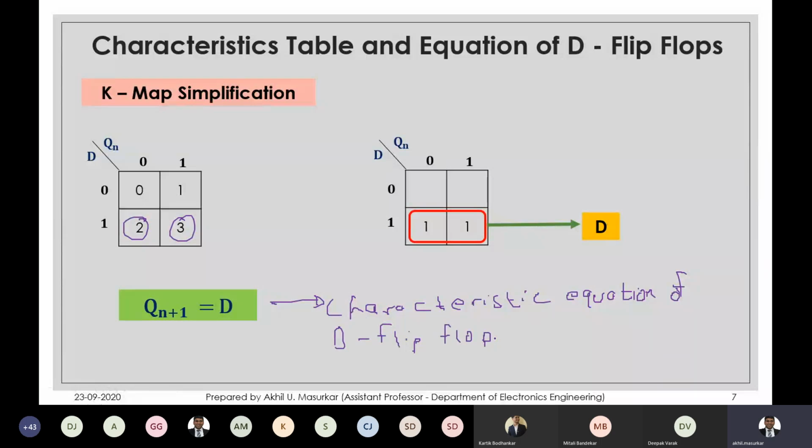Characteristic equation of D flip flop. So if the K map is done, just write K map done. It's a very simple K map.